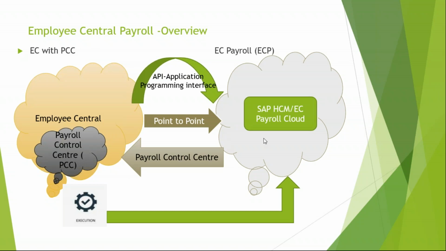If you want to see the full-fledged results, like a schema error, payroll PCR error, or wage type values, the full depth of the wage type details executed for a particular employee.